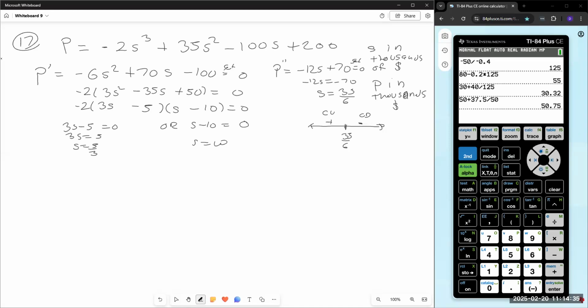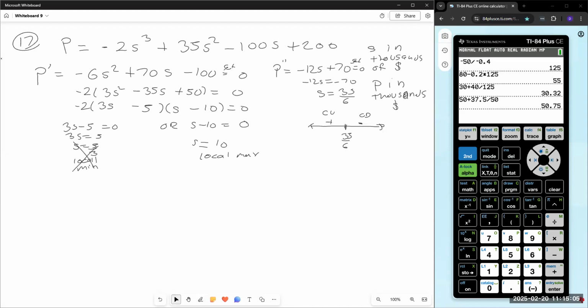Now remember, I'm trying to maximize profit, so I want something that's to the right of 35/6. That's definitely s equals 10. So there's a local max here. 5/3 is 1 2/3. That's to the left of 5 5/6. So there's a local min here that I'm not interested in.